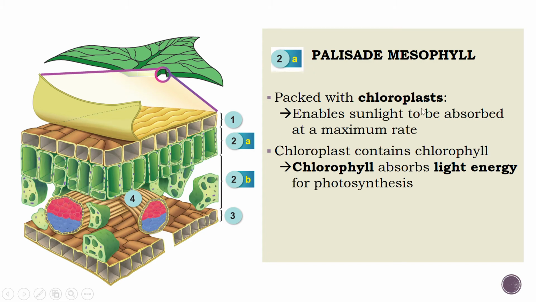Sebab kita tahu chloroplast ini di dalam dia ada chlorophyll. So chlorophyll, which is the green pigment, is the one that will absorb light energy for photosynthesis. So in other words, it is able to convert light energy to chemical energy.